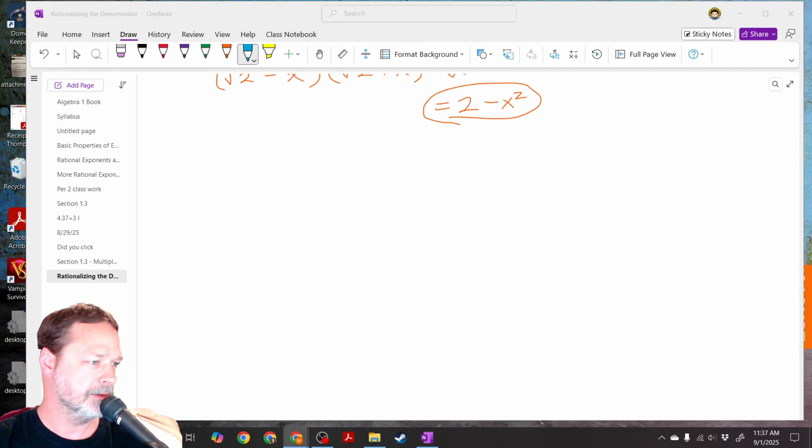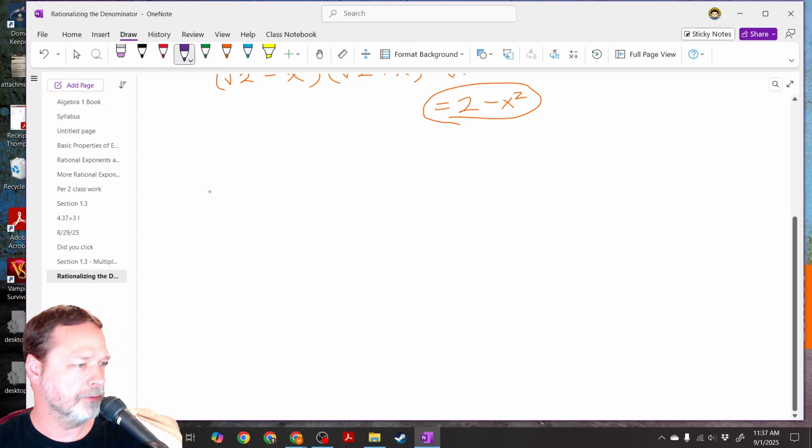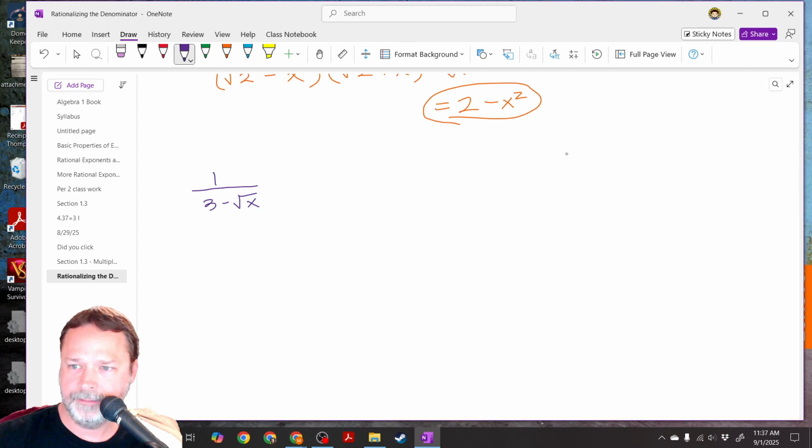Okay, so we want to rationalize a denominator. Let's see which examples I'd like to do. Let's do an easy one first. No, let's do a hard one first. I like the difficult ones myself. So let's say I want to do 1 over 3 minus root x. I want to rationalize that. Now, remember, we got this property. We're talking about fractions, and this is nothing new.